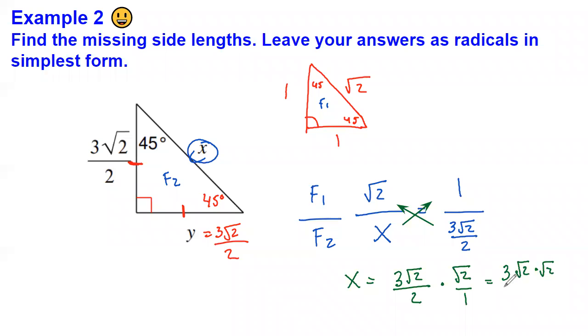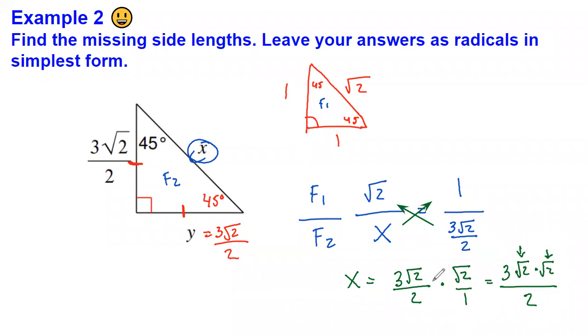Over, what is 2 times 1? 2. Okay, so we already did this part in the last example. What was square root of 2 times square root of 2? Equal to square root of 4. And then what is square root of 4? 2.